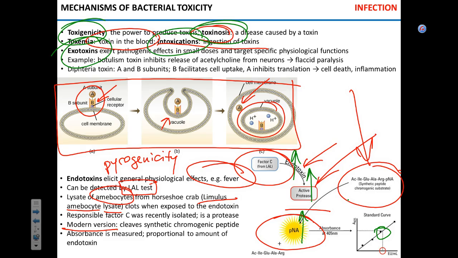Which statement, the statement about the LAL test? So, endotoxin activates the protease, which then produces a color reaction, which can be quantitatively measured.